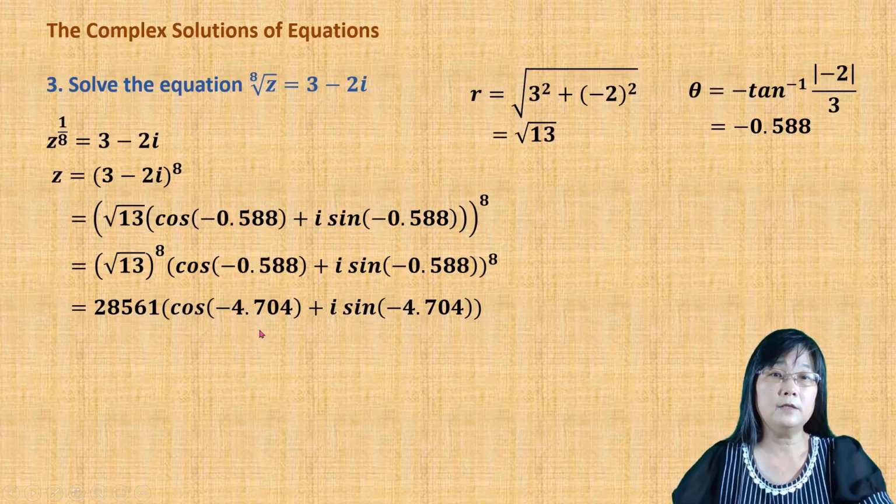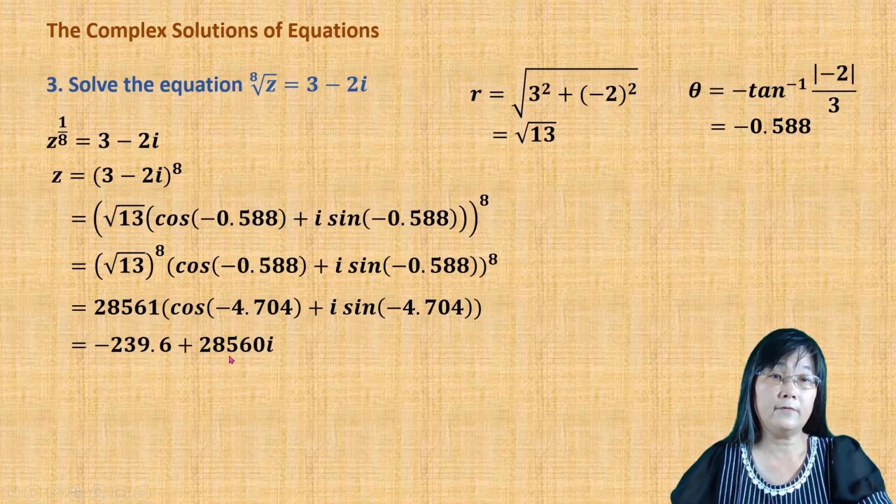Now I need to change the answer back into Cartesian form. When I press the calculator, I find that the answer is negative 239.6 plus 28560i.